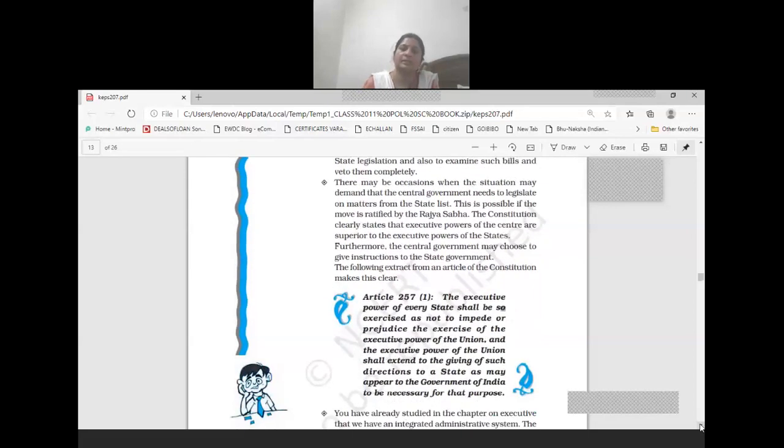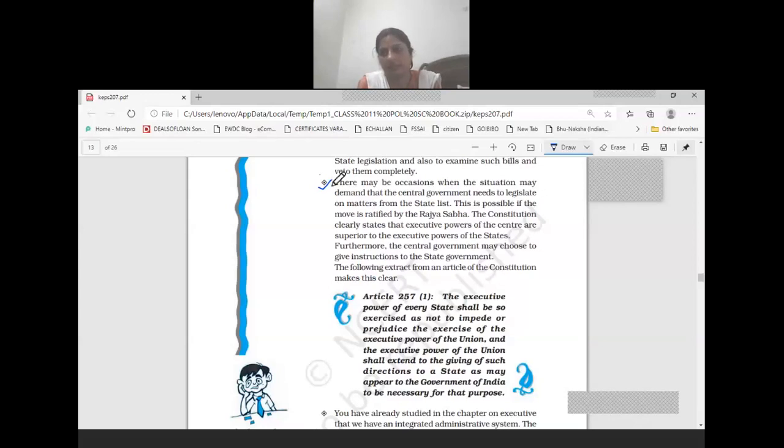Now there is another point which needs to be discussed. There can be occasions in which the central government needs to legislate on matters from the state list.